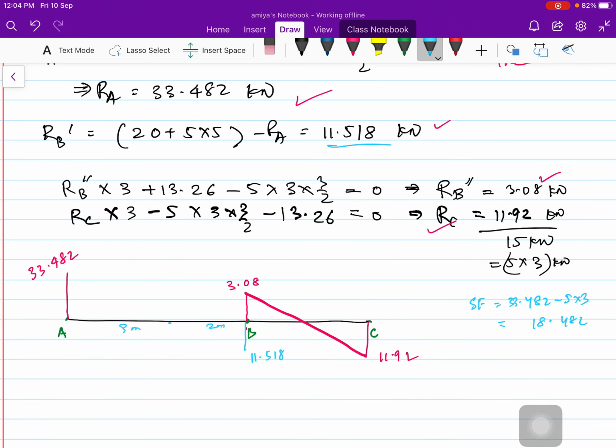So here we have 18.482. Then this shear force 18.482 minus the 20 kilonewton force gives you minus 1.518. So here we have 1.518. It's better to increase slightly.